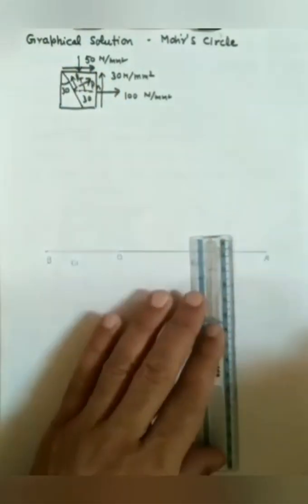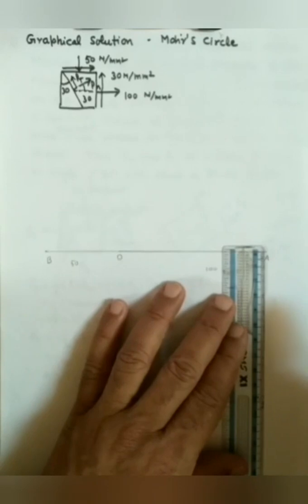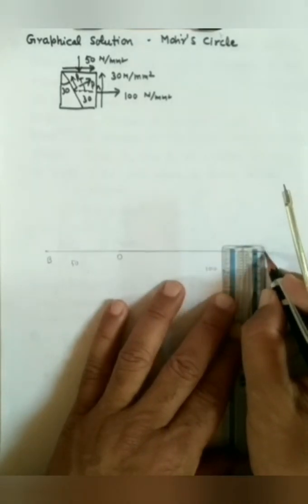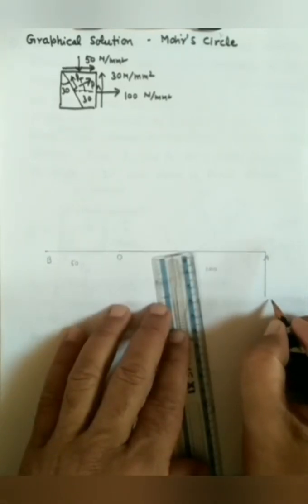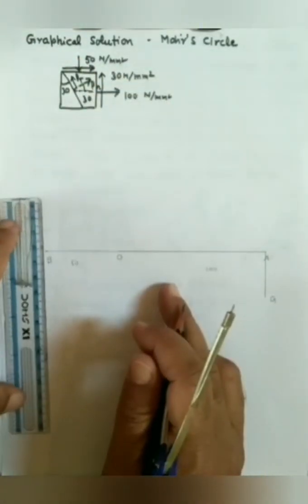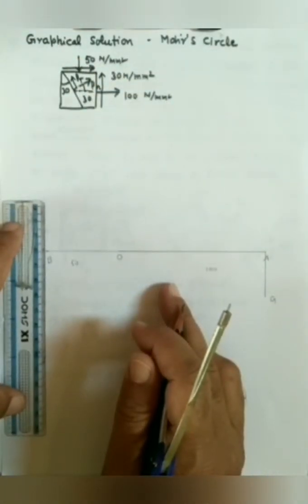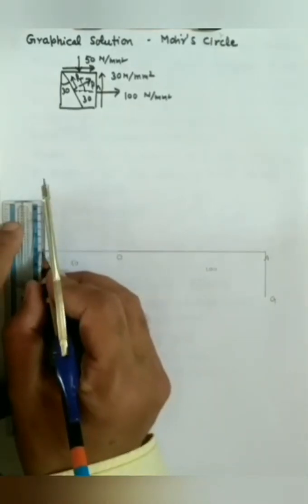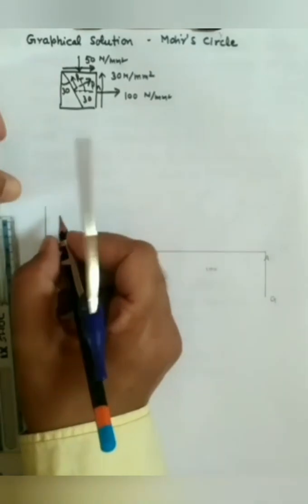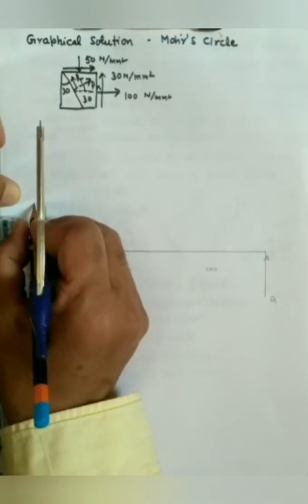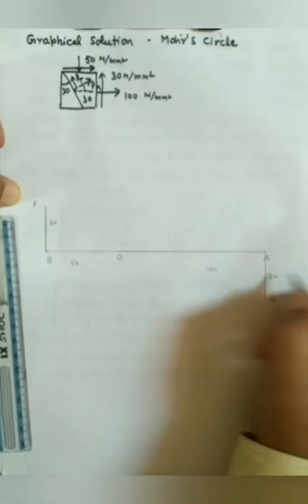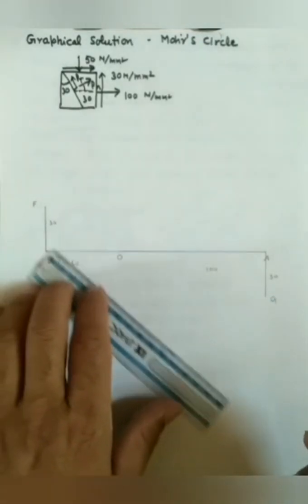From A, we will draw the shear stress condition. Since shear stress is trying to rotate it in anti-clockwise direction, it is positive, so it will be drawn on Mohr's diagram downward the x-axis like this. This point is Z, and from B we will draw the shear stress 30 mm upward, since the plane which is carrying the compressive stress is rotated in clockwise direction by the shear force.